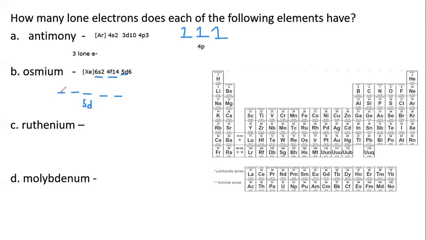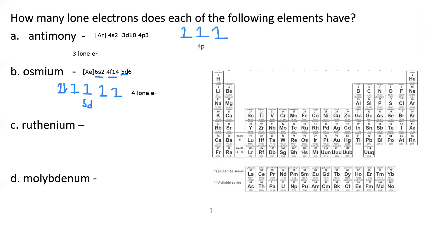According to Hund's rule, each degenerate orbital gets 1 electron before we pair it up. So once everyone gets 1, then we go back and we start to pair the electrons. Now here we see that osmium has 4 lone electrons. So Hund's rule is very important.